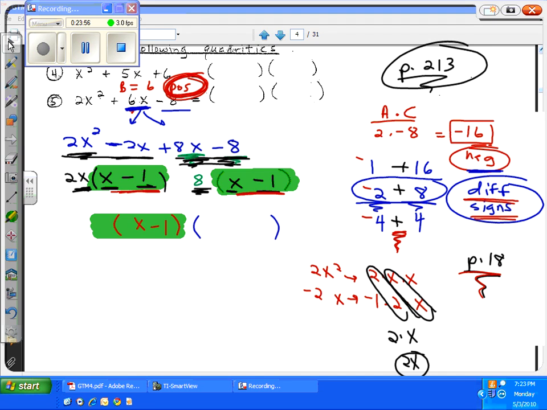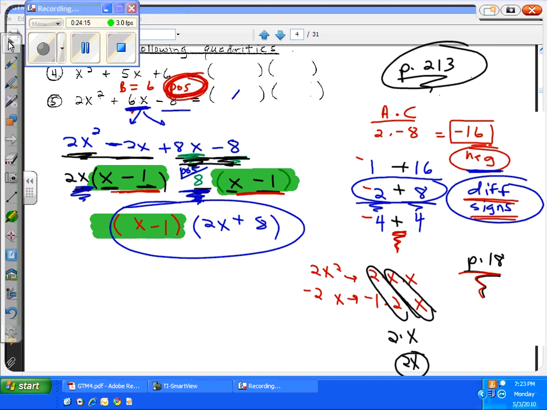The second binomial will be the pieces outside, 2x from the first part and an 8 from the second part, and that 8 is positive, and so we put a plus in front of it. So we have x minus 1 times 2x plus 8. We have successfully factored the quadratic.